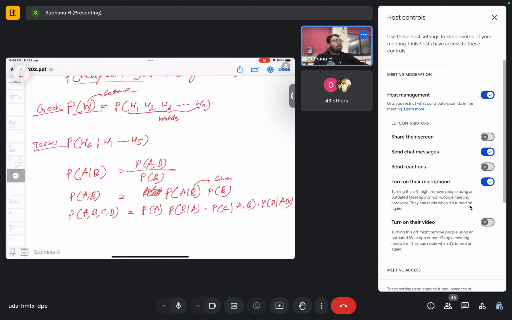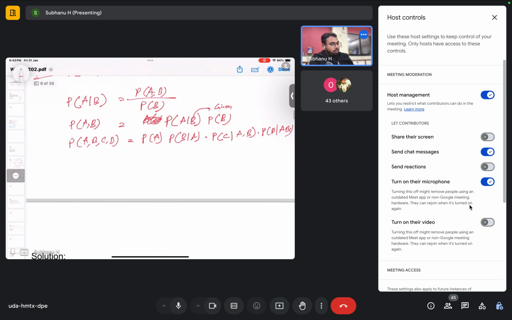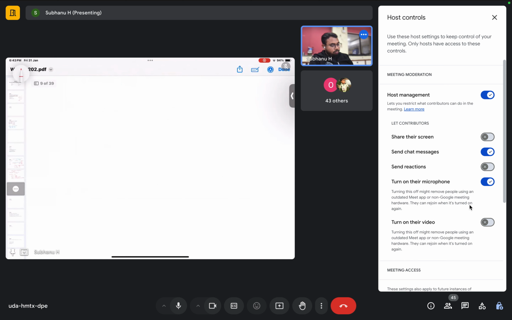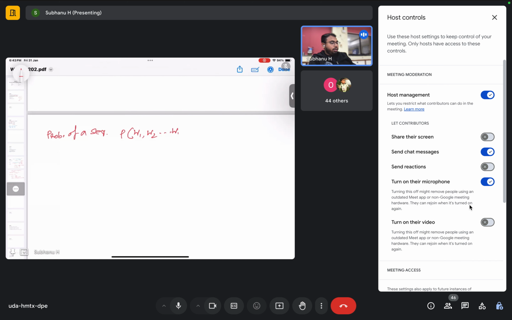Now comes the probability of a sequence. Probability of a sequence means the probability of W1 to WN. To calculate this, we use the probability of Wi given W1 to Wi minus 1.